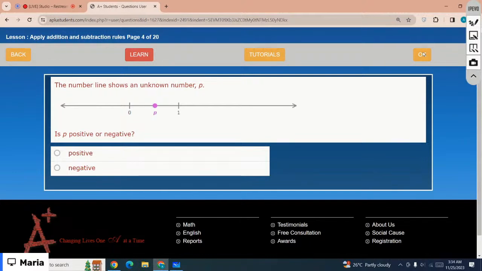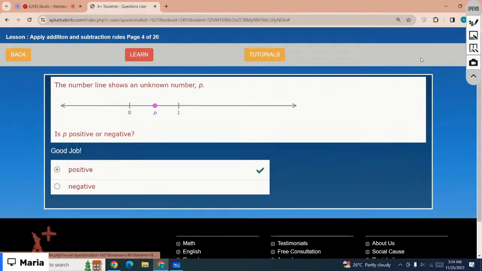Yes, it is positive because you're on the right hand side of the 0, so the number is positive.